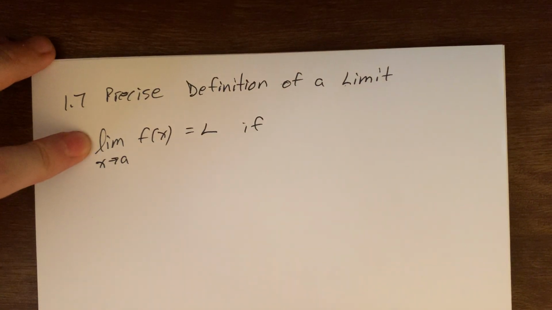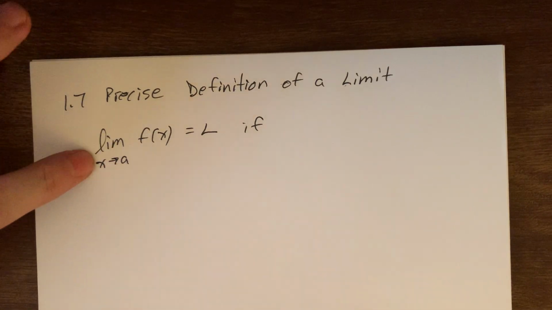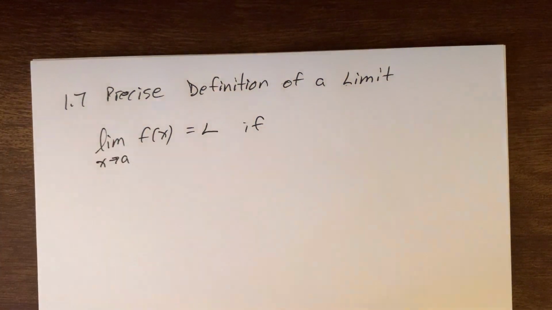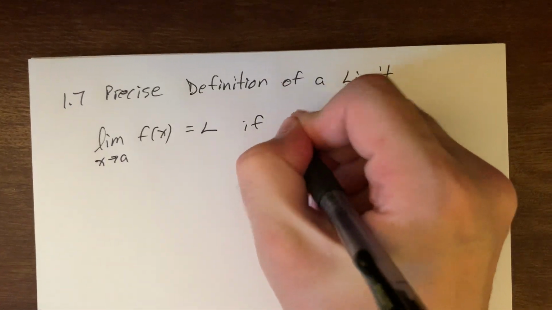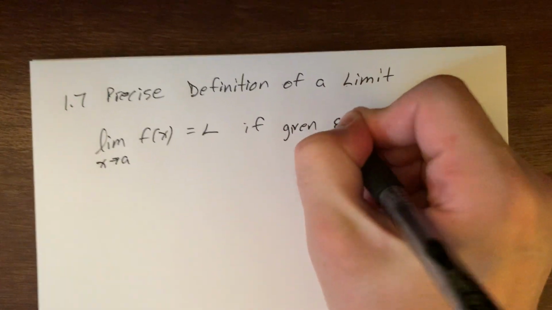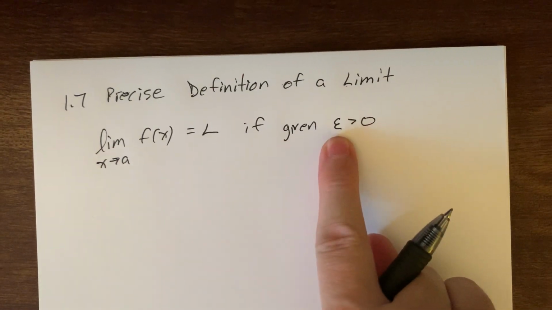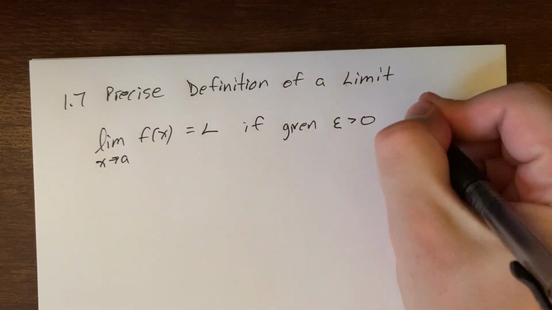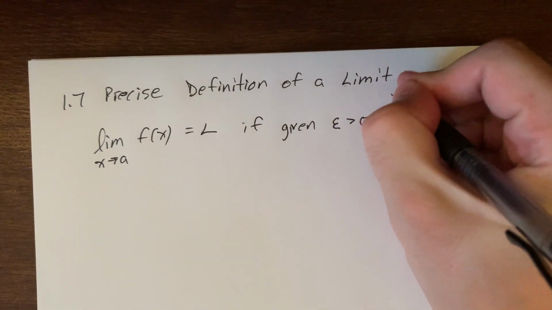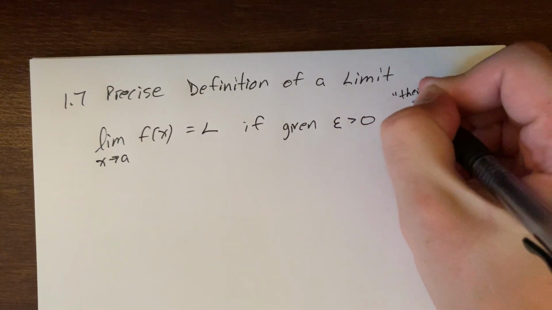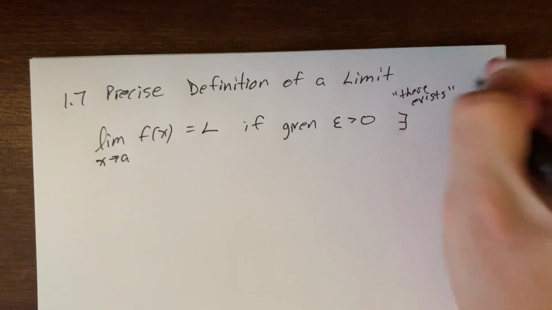We have our limit notation. The limit of f of x as x approaches a equals L if, and this is where it gets a little ugly, so let me write it out first. If, given a value epsilon greater than 0, this is a little fancy math notation that stands for there exists.